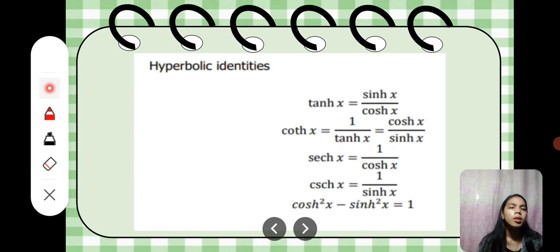Hyperbolic secant x is equal to 1 over hyperbolic cosine x. Hyperbolic cosecant x is equal to 1 over hyperbolic sine x. And the last one is hyperbolic cosine squared x minus hyperbolic sine squared x is equal to positive 1.